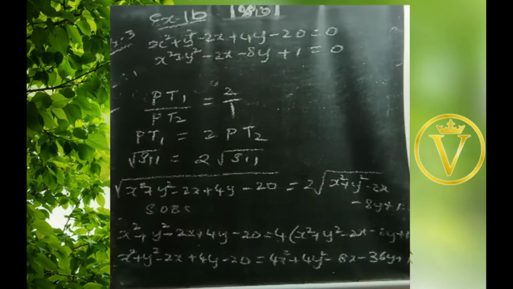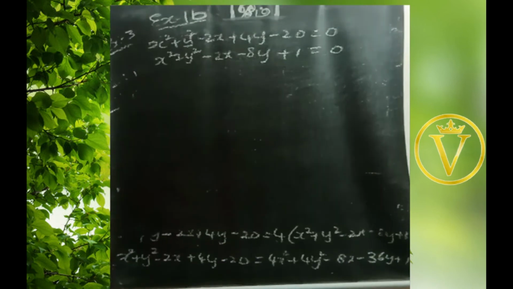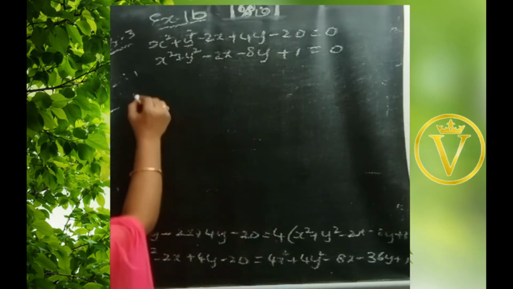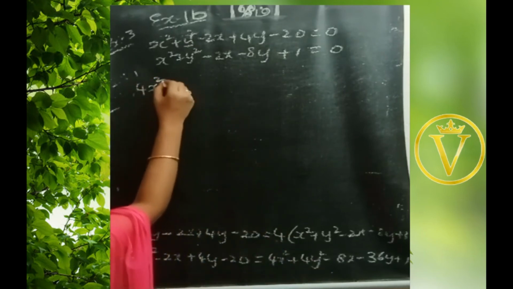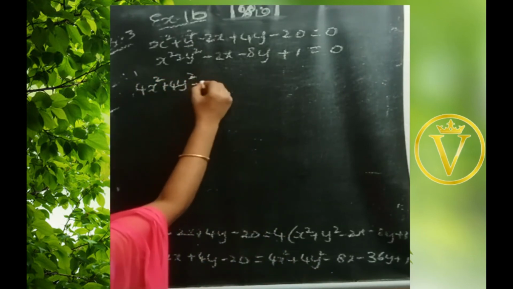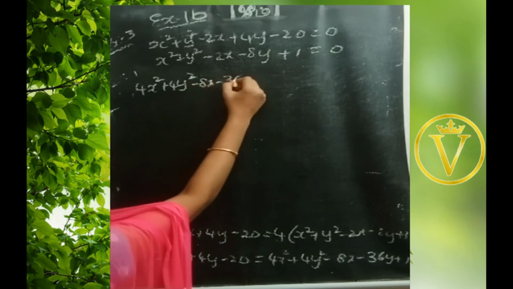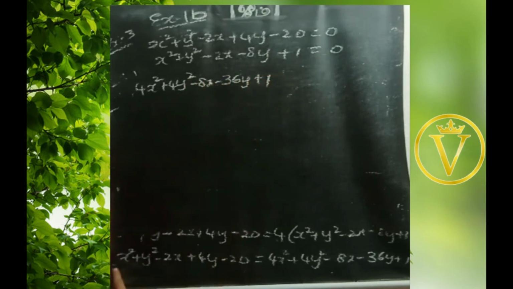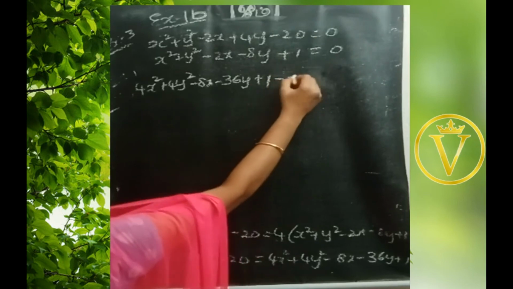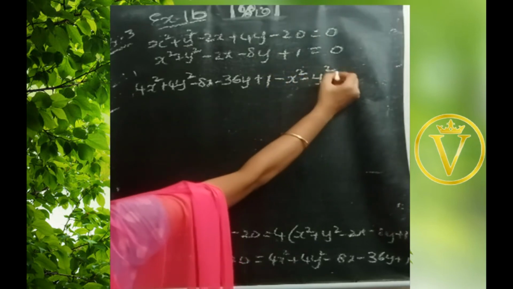Okay, now we have to solve it. Now move this equation to that side. You will get 4x square plus 4y square minus 8x minus 36y plus 1. If it goes to that side, it means minus x square minus y square.